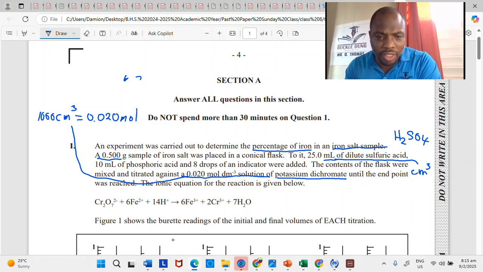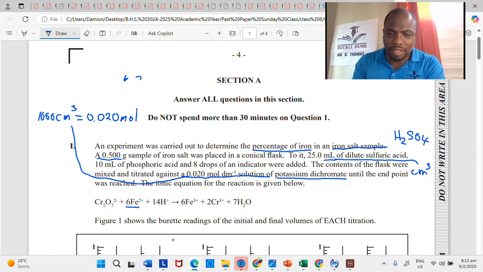Until the end point was reached. The ionic equation for the reaction is given below. So we're looking at the ionic equation. This is not the full equation. We're seeing the iron from the iron salt, we're seeing the hydrogen from the phosphoric acid, we're seeing the dichromate.